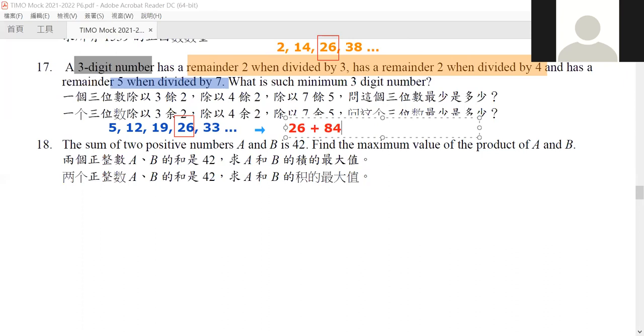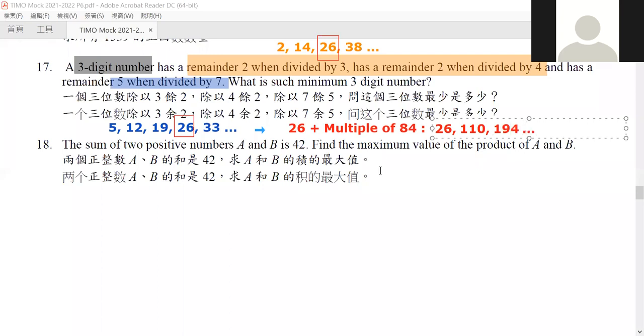So it will be 26 plus some multiple of 84. We can just list all the numbers out. It starts from 26, and then the next one is 110, and then 194, and so on.